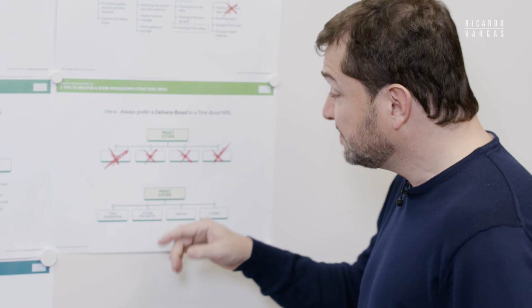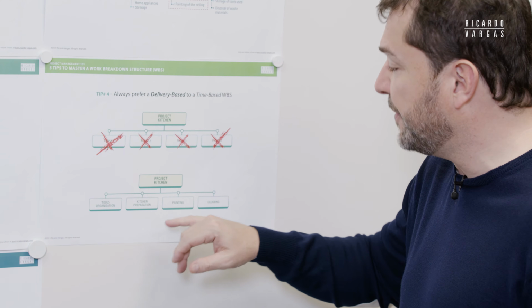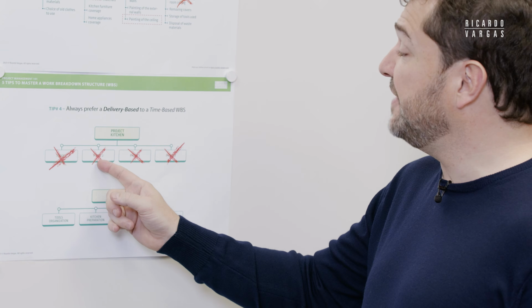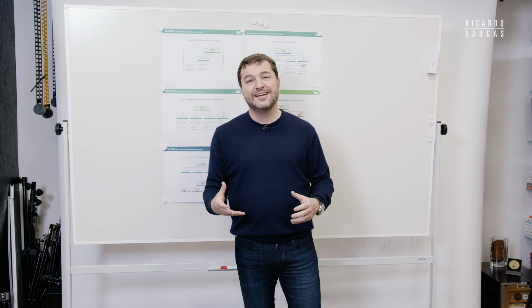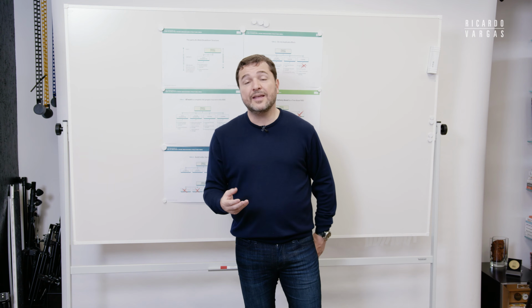For example, I divide my kitchen into tools organization, kitchen preparation, painting and cleaning. I don't divide into phase 1, phase 2, phase 3, or phase 4, because this assumes that you are doing it in a chronological way, and it's not necessarily done chronologically.